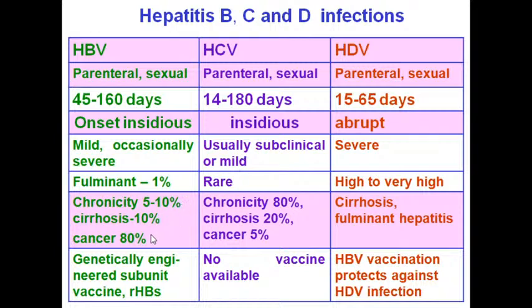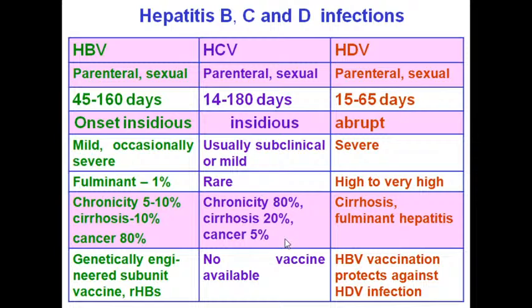And please take a look also that hepatitis B is considered to be cancerogenic or oncogenic. It causes oncogenic transformation of the liver cells and primary hepatocellular carcinoma in 80% of those who have chronic infection.